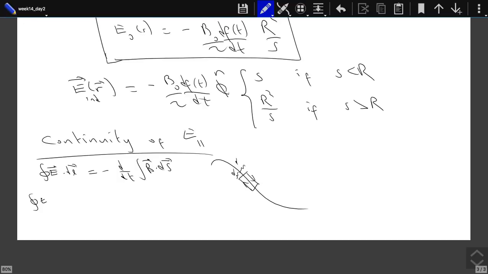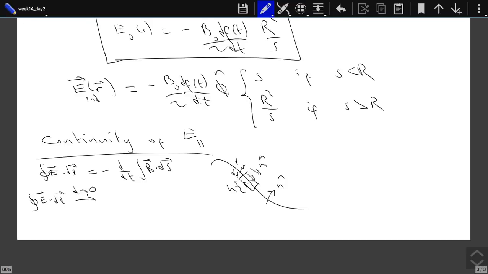So E dot dl around that loop, well, let me choose some direction. This is the n hat direction, this is the m hat direction. Well, in this loop integral, I have contributions from the four sides. But as I set d to go to 0, there are no contributions from these sides. This side, let's call it h.